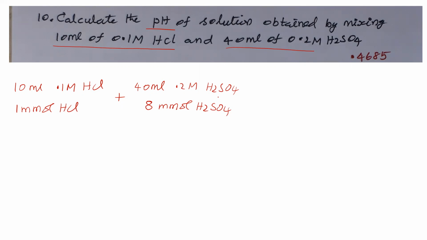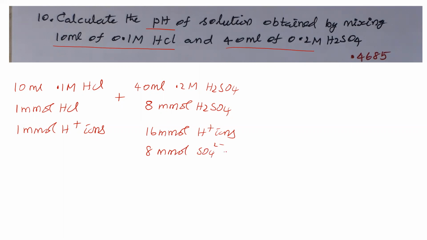Now this HCl, on complete dissociation, gives 1 millimole of H plus ions. For sulfuric acid, we will consider complete dissociation, because nothing is mentioned regarding that. So it will give 16 millimoles of H plus ions and 8 millimoles of sulfate ions.